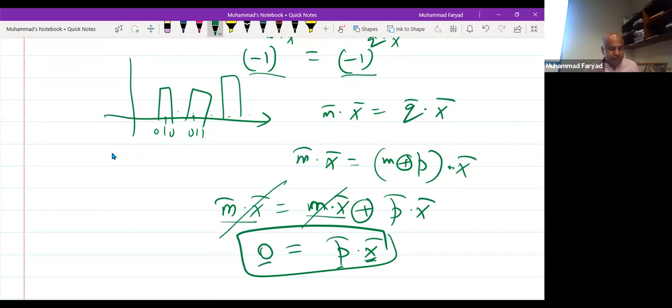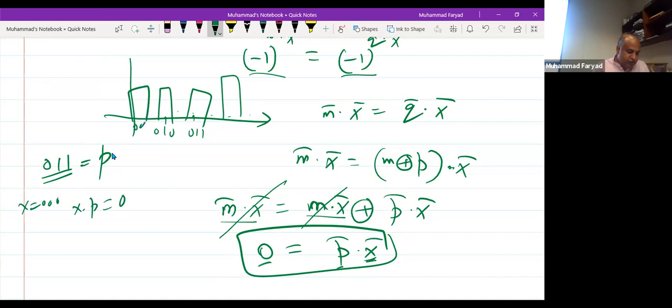So just to give you an example, if your secret bit string is 011, can you figure out what are the possible X states for which you will see this histogram? So let's check each one. If X is 000, X dot P is 0. So the 000 state will appear in the output. In fact, it doesn't matter what P is.